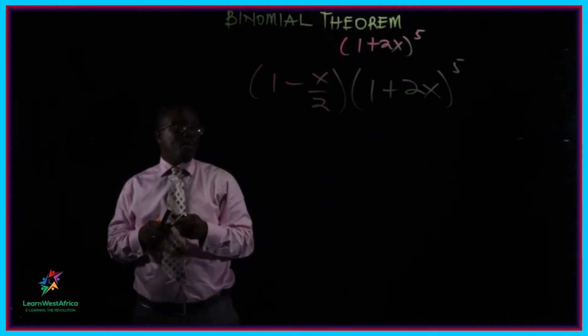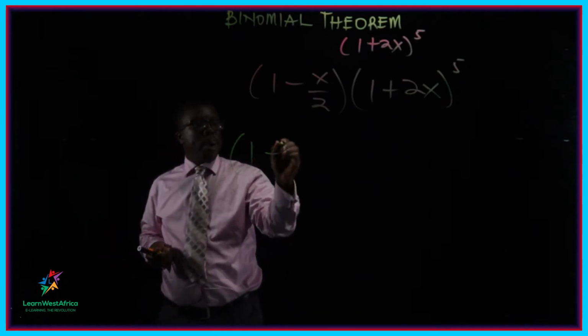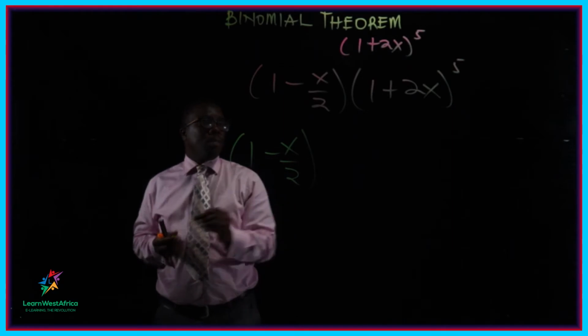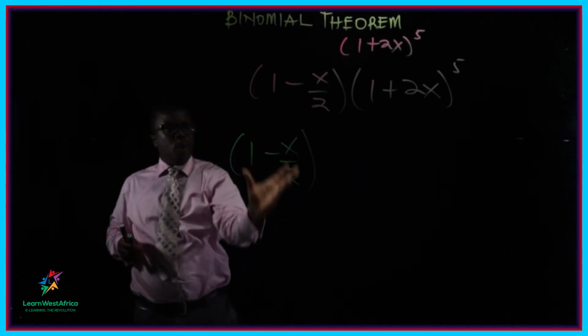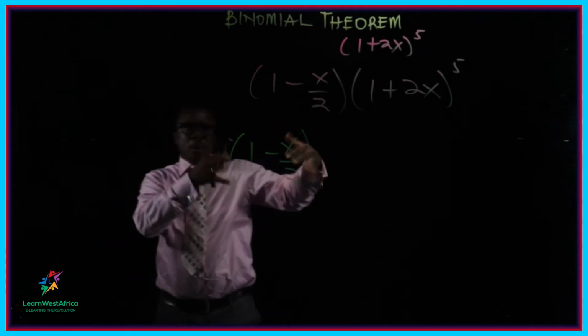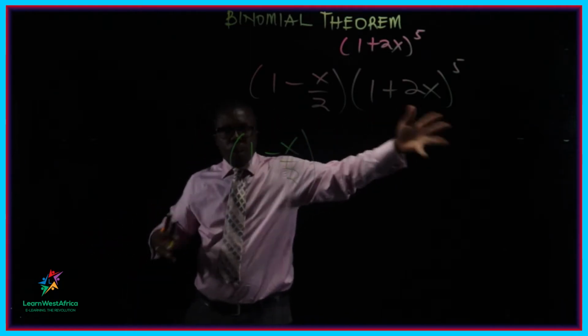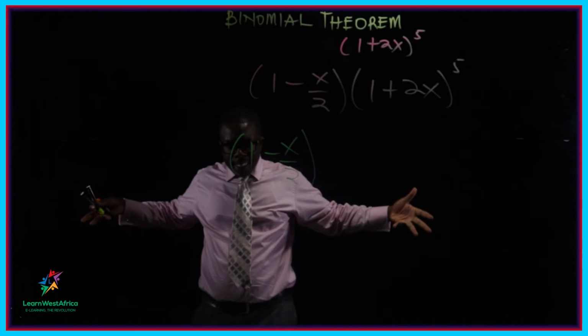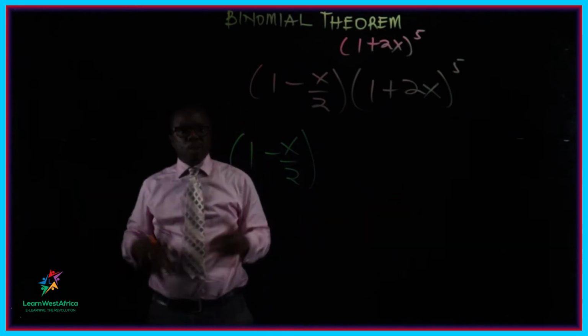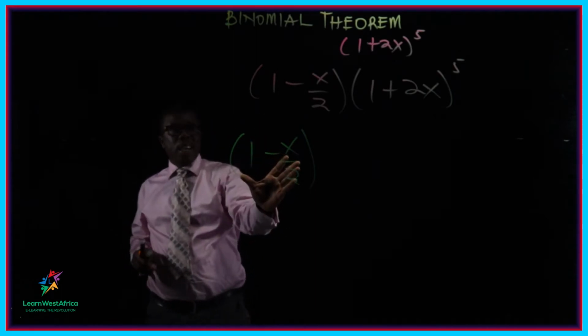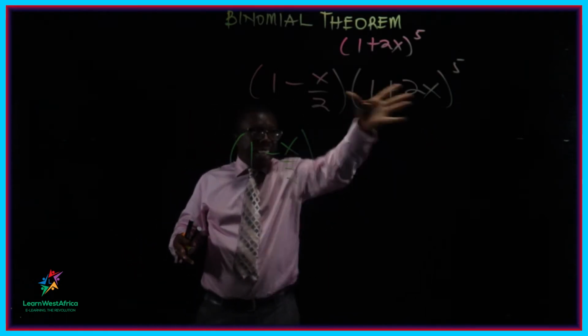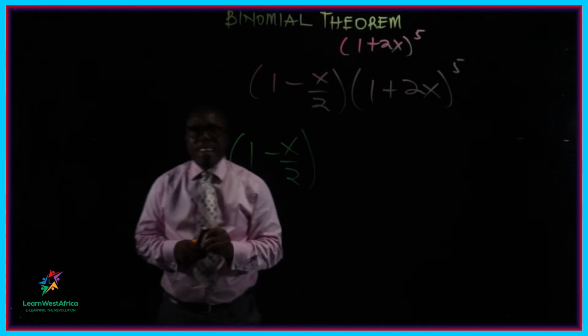Now, when you look at the first bracket, you have 1 minus x over 2. Now, the product simply means that the components of this bracket have to multiply some other products from this bracket so that the sum of that is going to produce x cubed. Hope you understand that. Whatever is here should multiply something else in this bracket to produce x cubed.